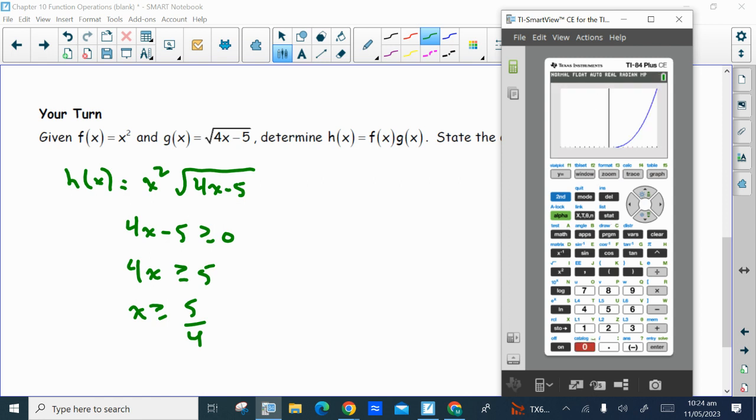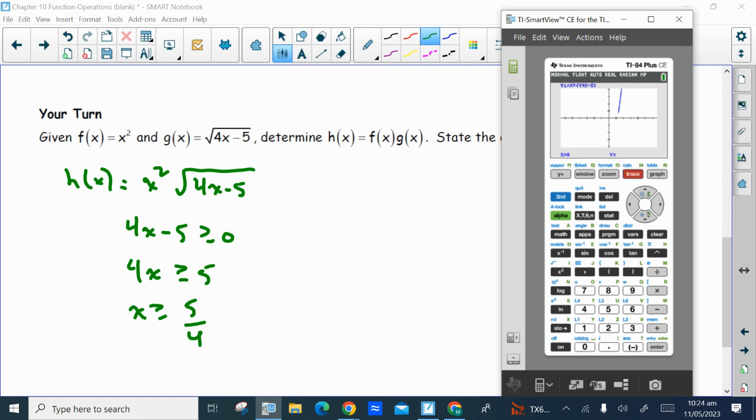Doesn't really give us a good look at the graph. Let's go zoom 6 to set our windows to their standard settings. So it kind of looks like this graph starts in the first quadrant, not on an axis, right? However, if I go zoom decimal, zoom 4, kind of shows us the same thing.